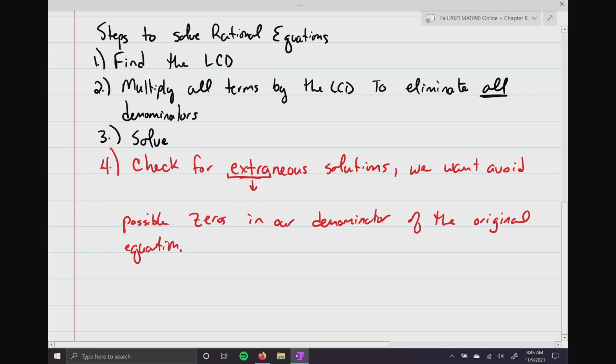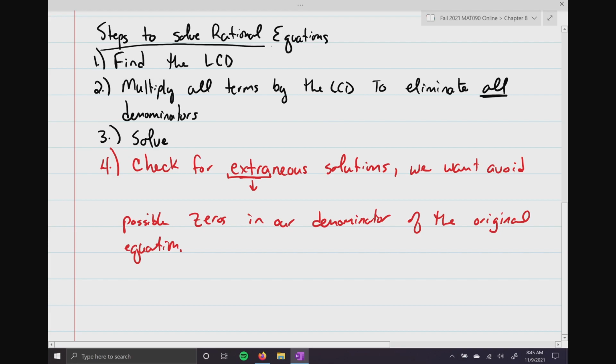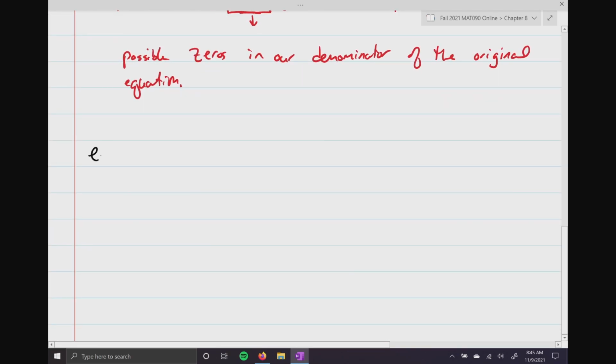And those are our steps right there. So step 1, find the LCD. Step 2, multiply all the terms by the LCD to eliminate all denominators. Then we're going to solve, and then whatever answers that we arrive at, we're going to have to check them because we want to make sure they're not extraneous.